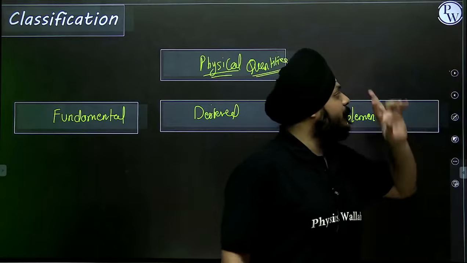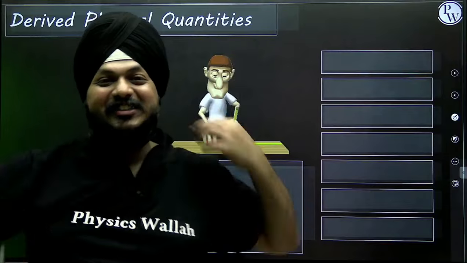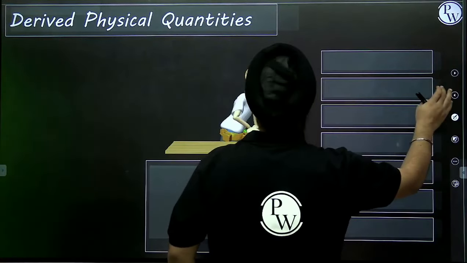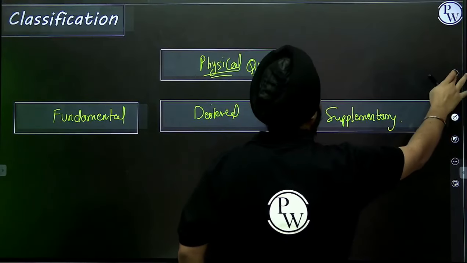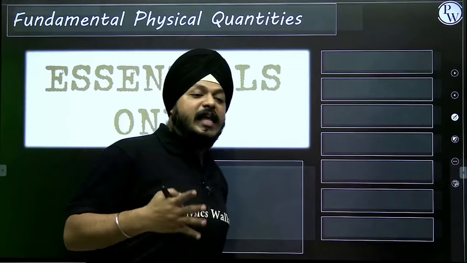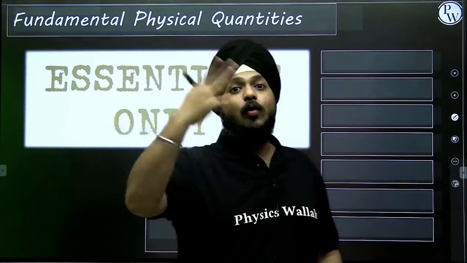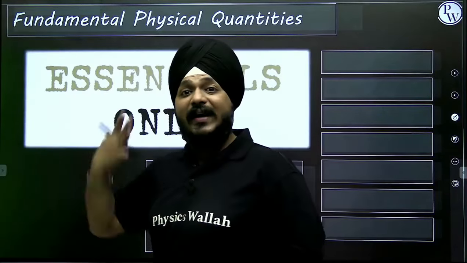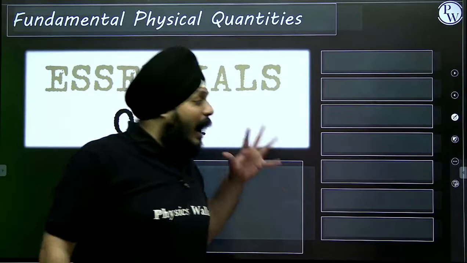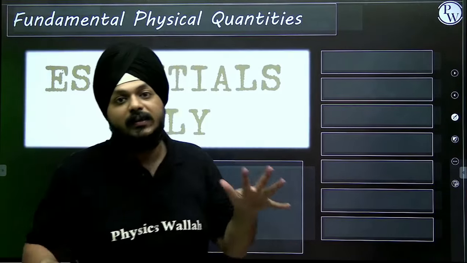Now let's move on to the most important part of this chapter. As you saw at the beginning of this lecture, there are 7 fundamental physical quantities. They are not just basics, they are essential. Why are they called fundamental physical quantities? Because in the universe, without these physical quantities, none of the phenomena is possible.